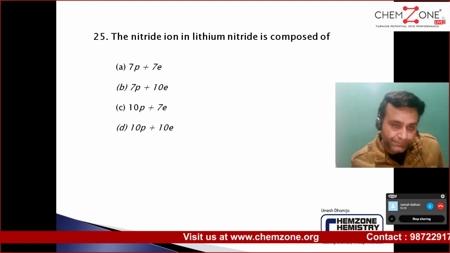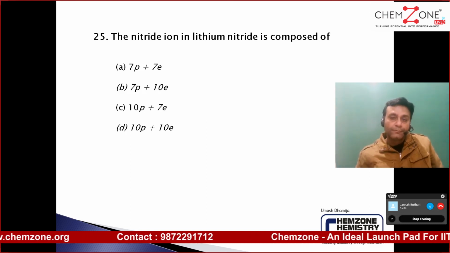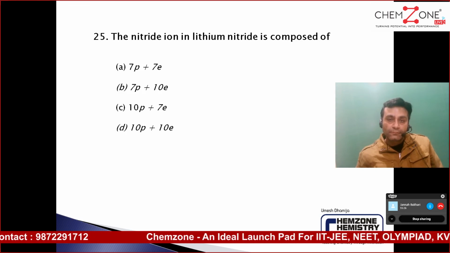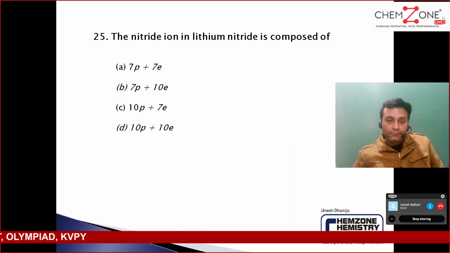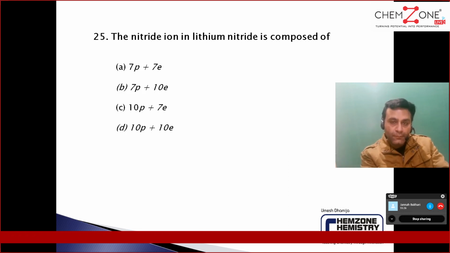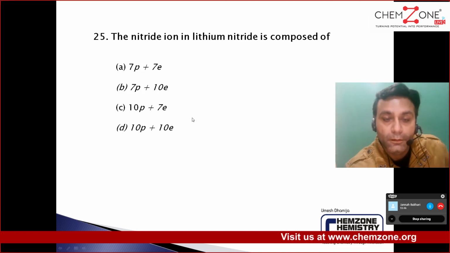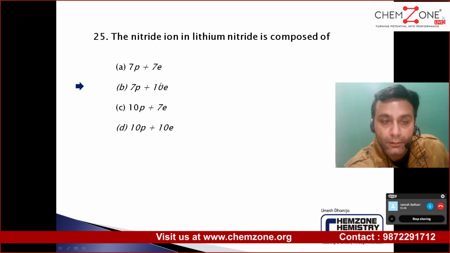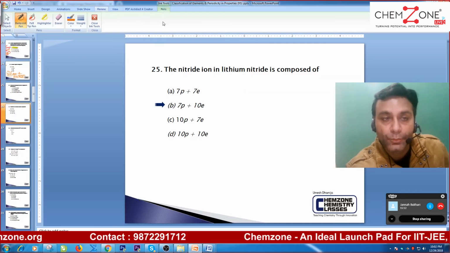Okay. Nitride, and lithium nitride is composed of... so that would be N3. A? 7 protons and 7... B. I'll tell you how.